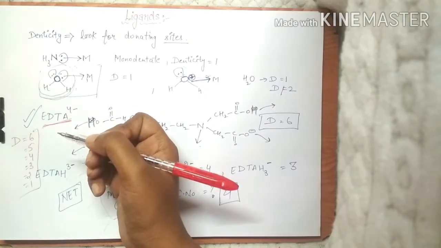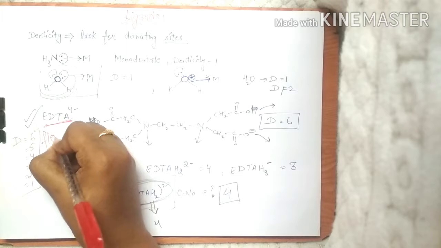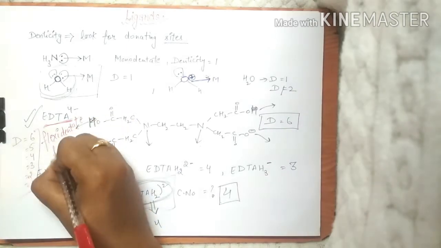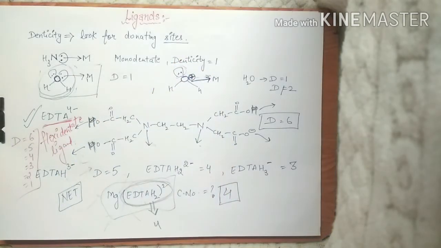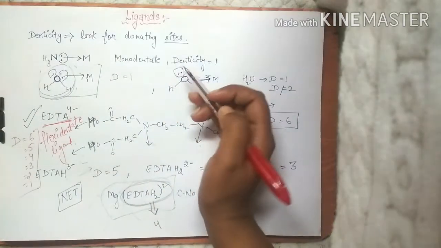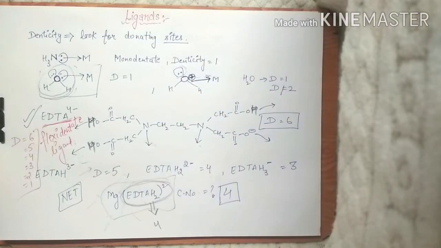So those ligands which can show more than one denticity value are known as flexidentate ligands. Okay, so EDTA is a flexidentate ligand. Now we'll discuss one more ligand which is flexidentate in a few moments.